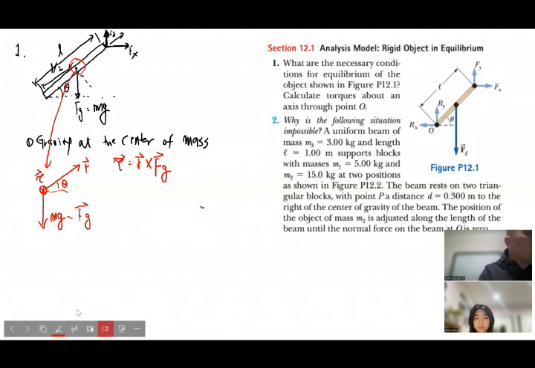So now r is L over 2 times the unit vector in the radial direction, and I assume that the force exerted on this rod is in the vertical direction, so that makes this rod in equilibrium with the gravitational force.